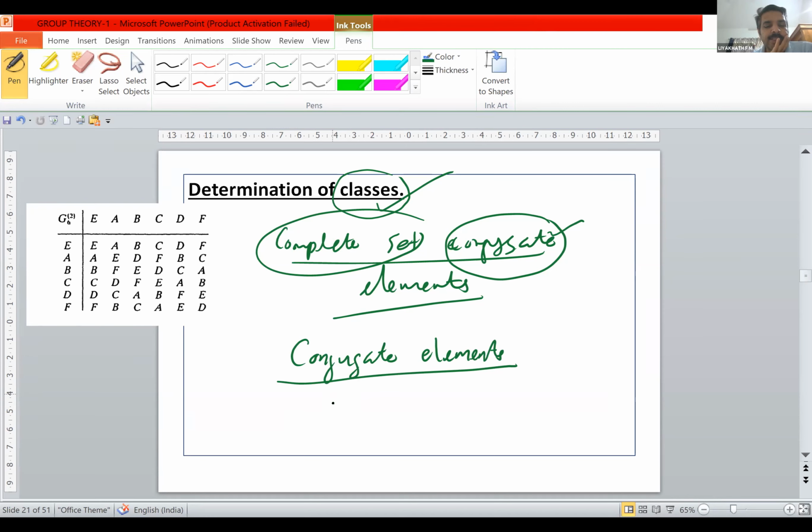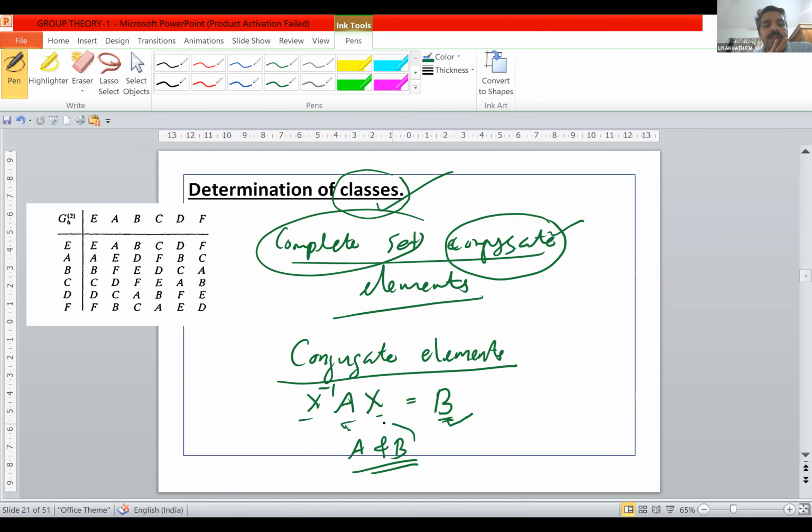If A is the similarity transform of B, or B is the similarity transform of A, that means if A is right multiplied by an element X in the group and left multiplied by its inverse, that is X inverse A X is equal to B, then we say that B is the similarity transform of A. Then A and B are called conjugate elements.